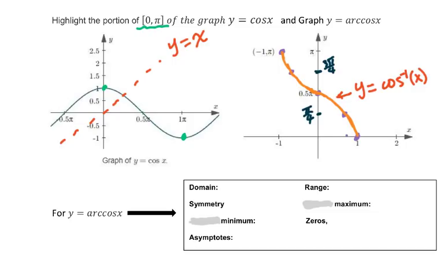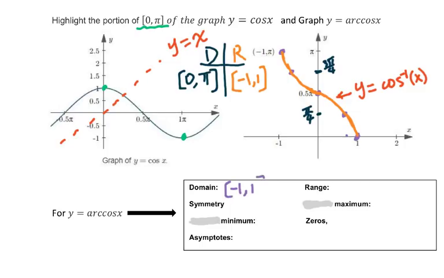For domain and range, we go back to y equals cosine x when we restrict the domain into 0 to pi. So we got the domain that's between 0 to pi. For the range, that is from negative 1 to 1. Therefore, domain of inverse cosine x function is negative 1 to 1.